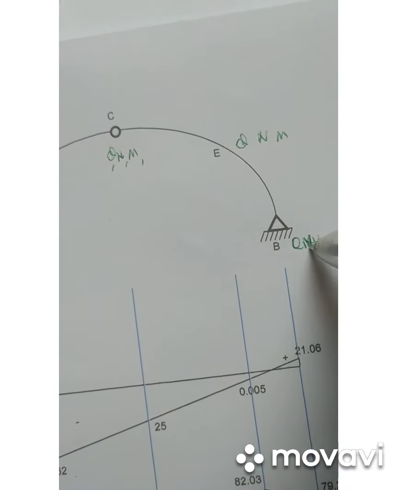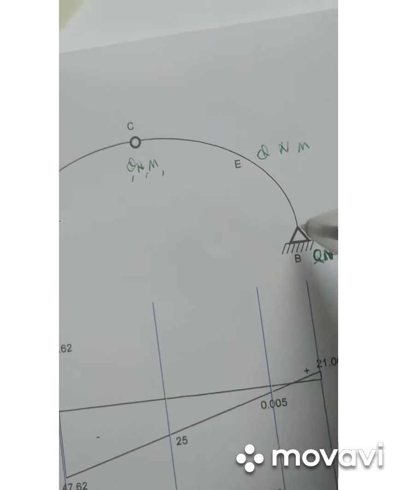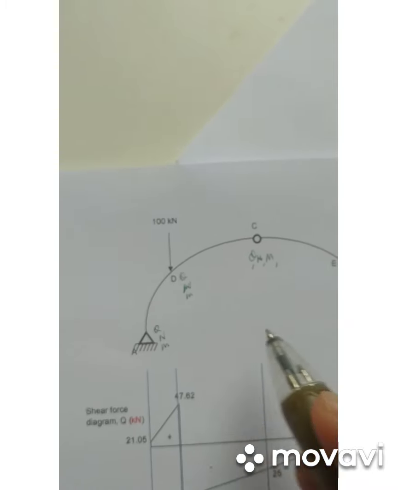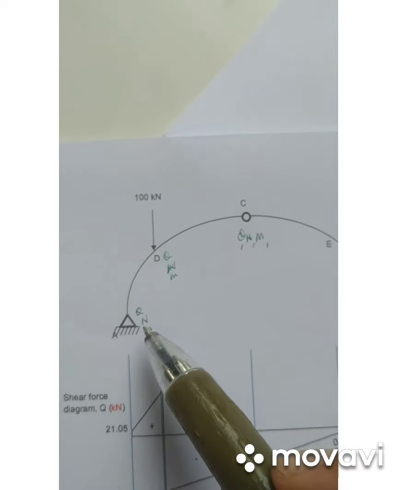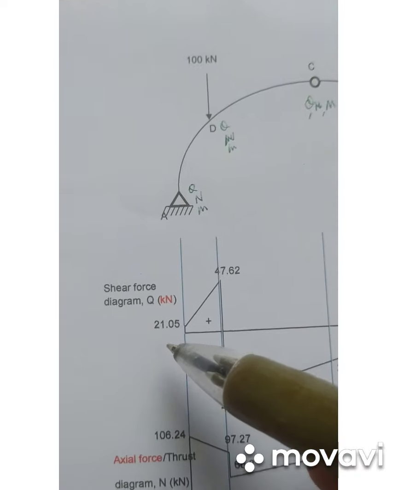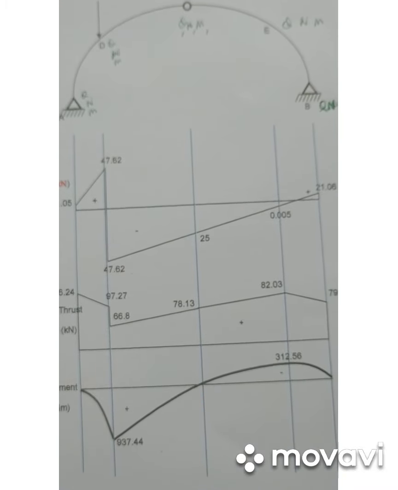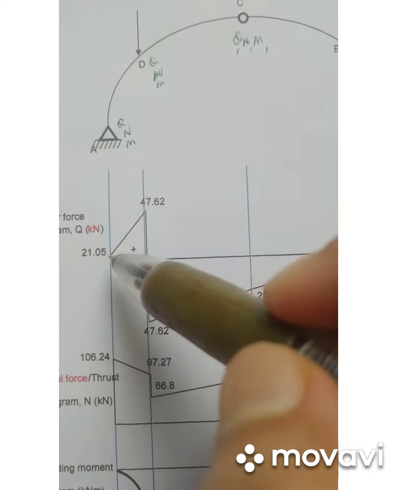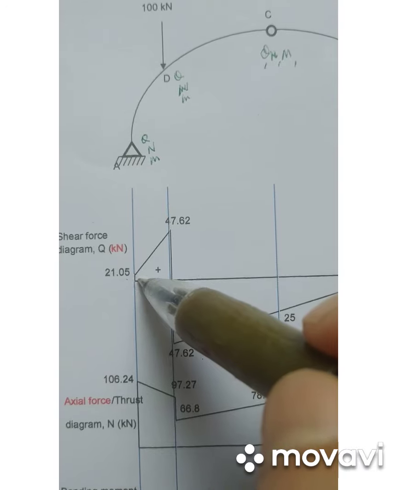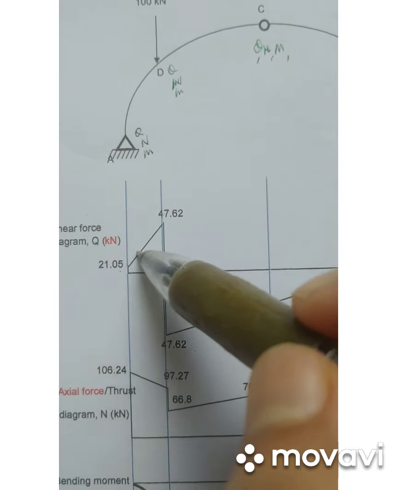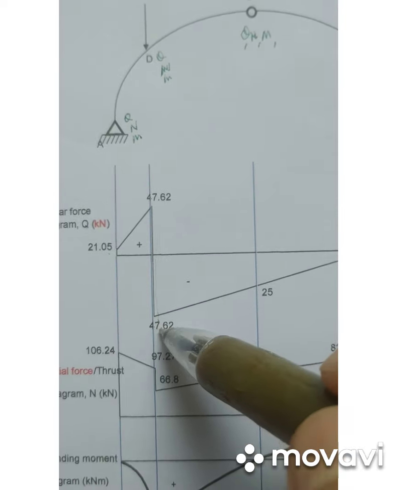Too easy for me, I put it here. So it's okay if you do not put the value at the diagram. And then we sketch the shear diagram. So this is the shear diagram for Q. I got 21.05 at point A, and then 47.62, then pointing downward.